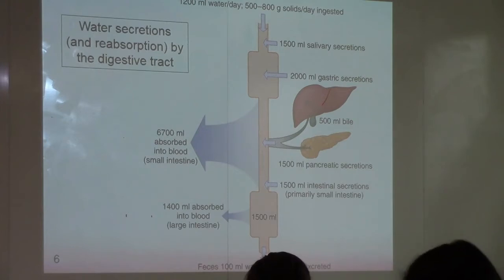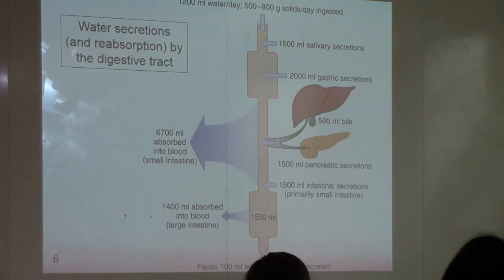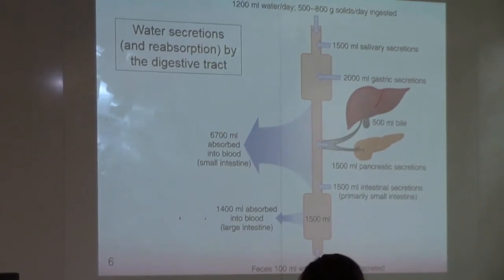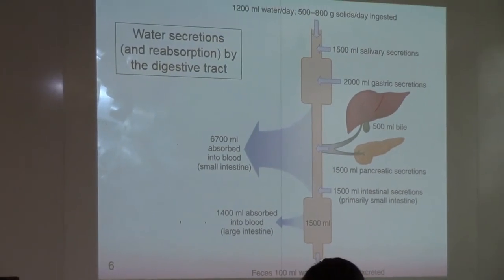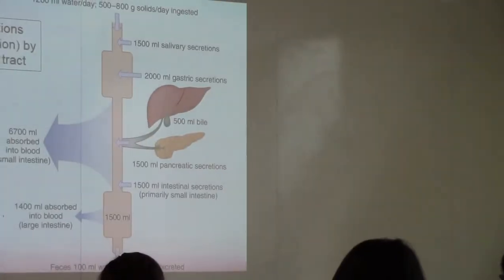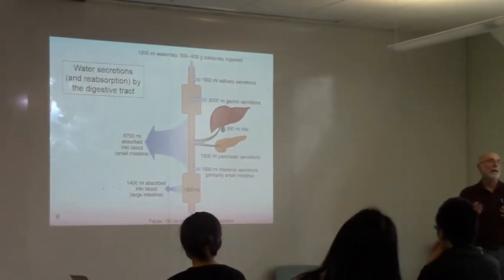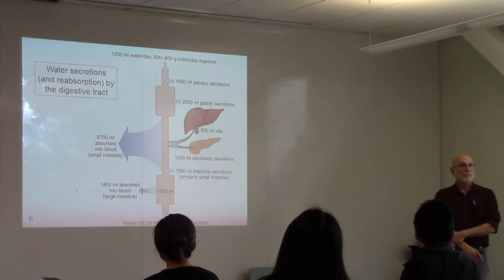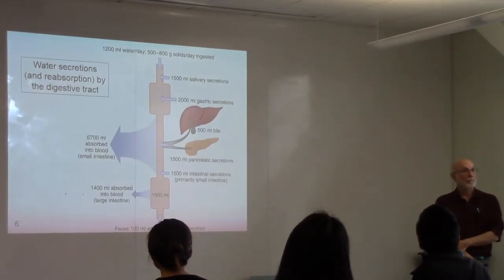In addition to absorbing nutrients, the intestines, both the small and the large, have an important job of reabsorbing water, which is usually passive water flow following solute reabsorption, using the mechanisms that you learned about.